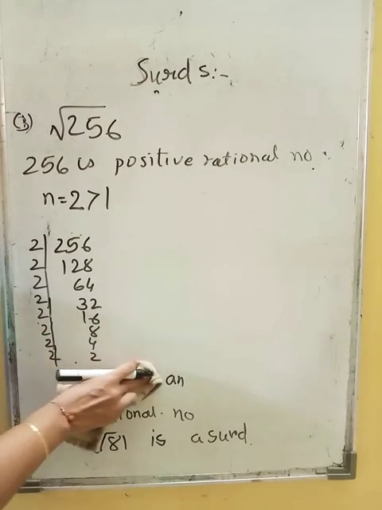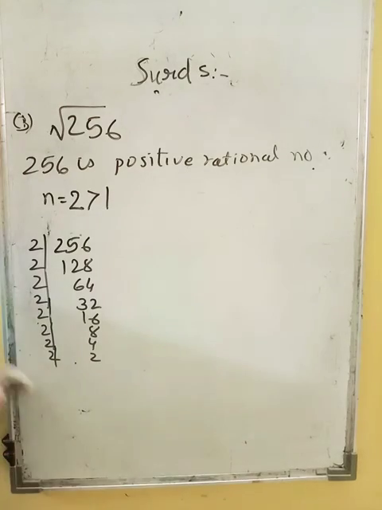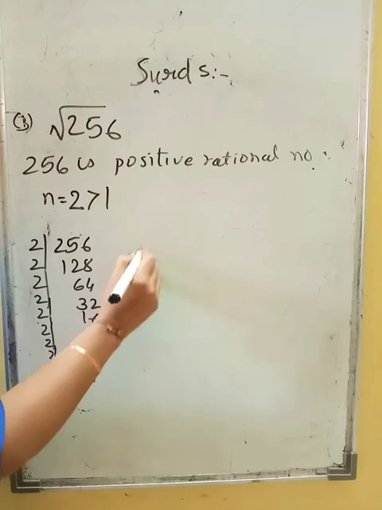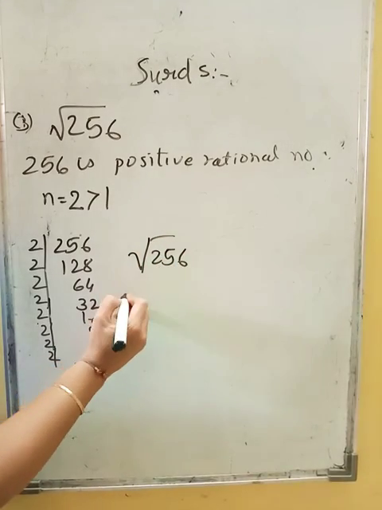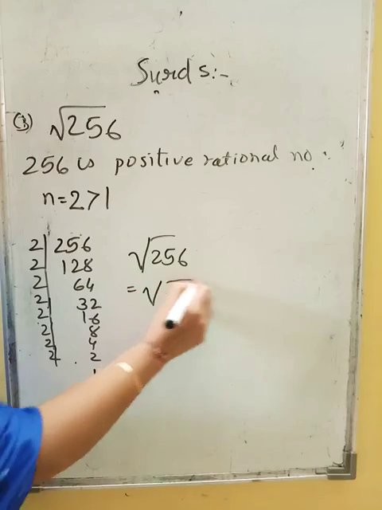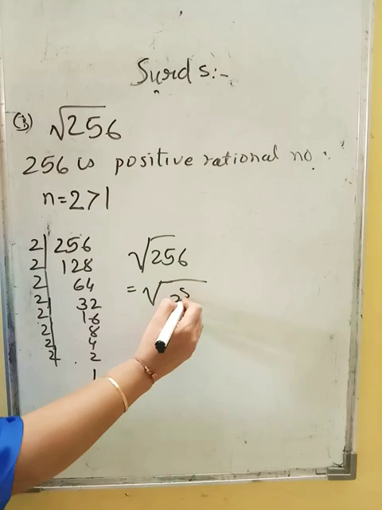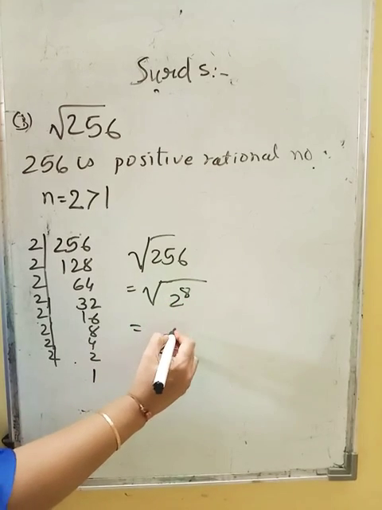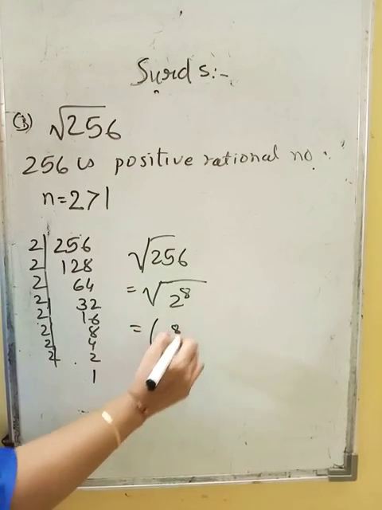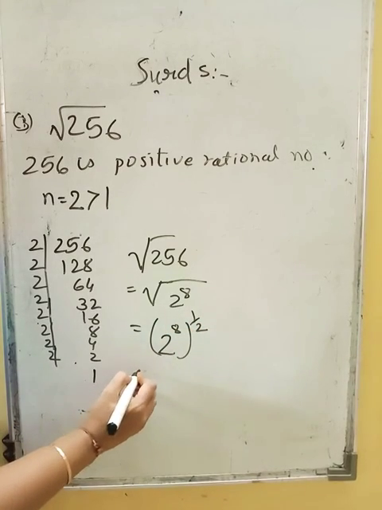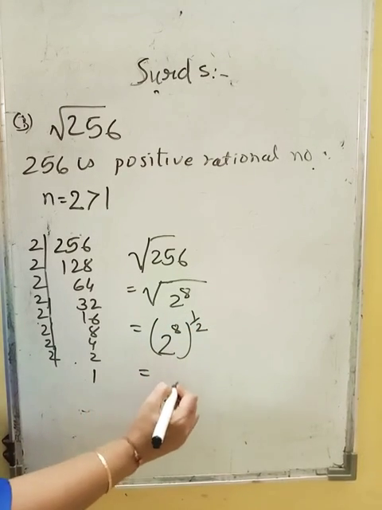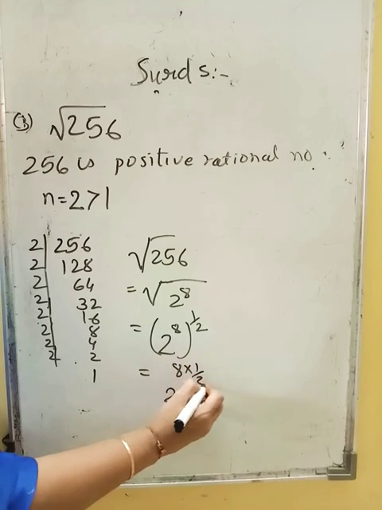So 8 times 2 is there. Correct? So what is the square root of 256? Let us find out. So it is 2 raised to how many times? 8 times. So I will write down 2 raised to 8. The square root. Square root is nothing but raised to power 1 by 2. So 8 into 1 upon 2.